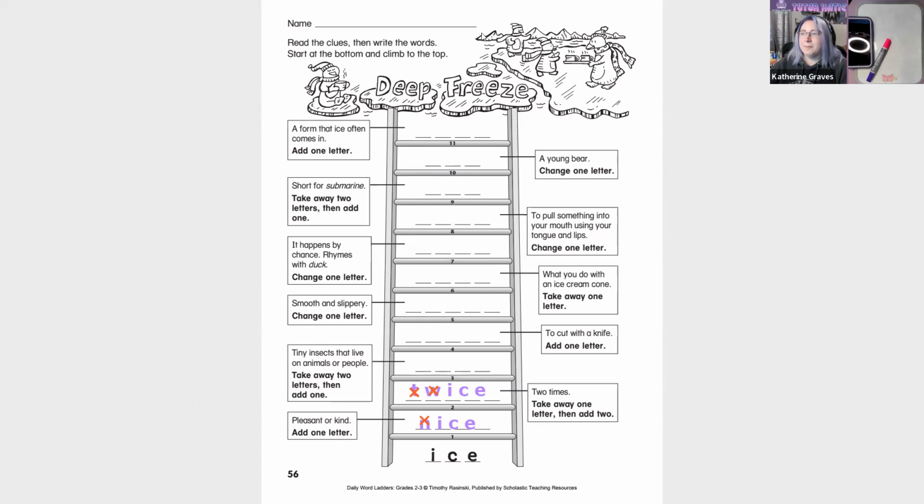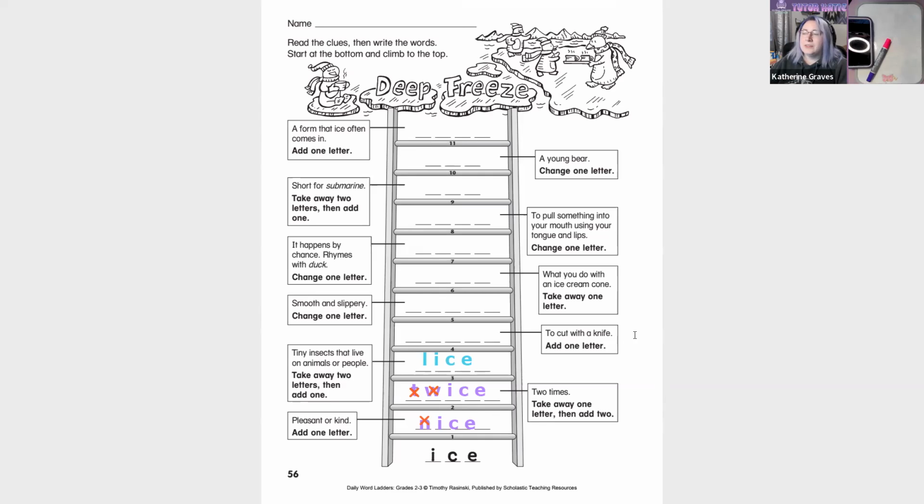You may or may not have heard of them. I'll give you the word for it. The word is lice. Lice.